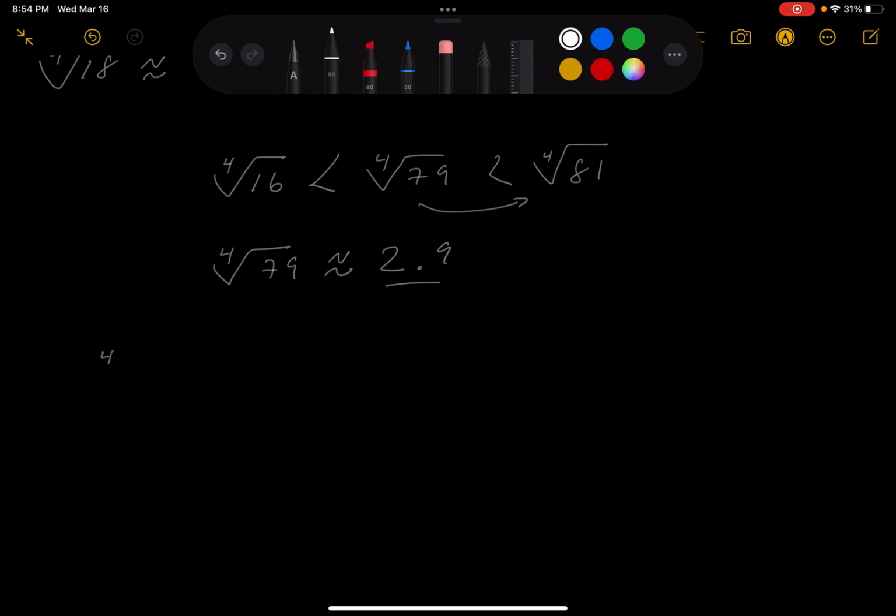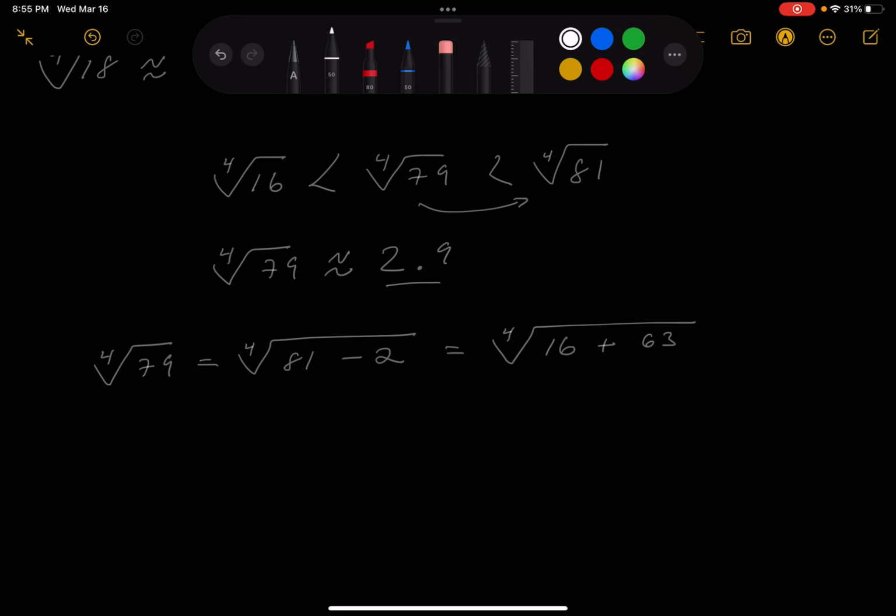So the fourth root of 79 could be written as the fourth root of 81 minus 2. Or you could write it down as the fourth root of 16 plus, well, let's see, that's going to be 63, right?